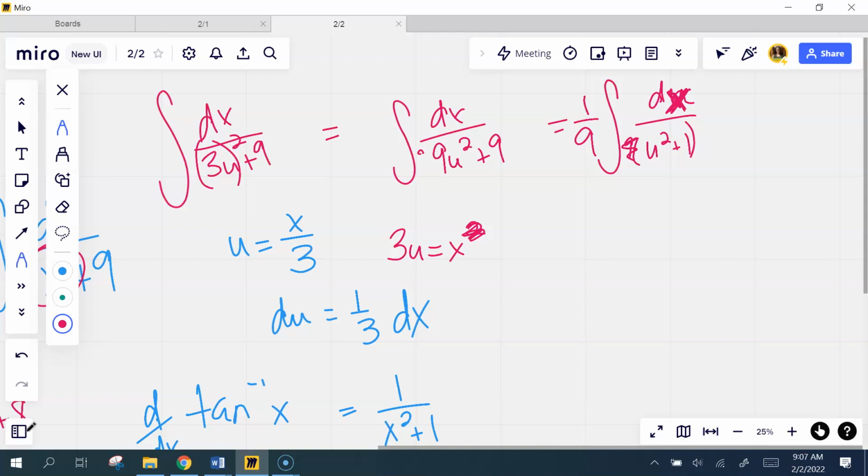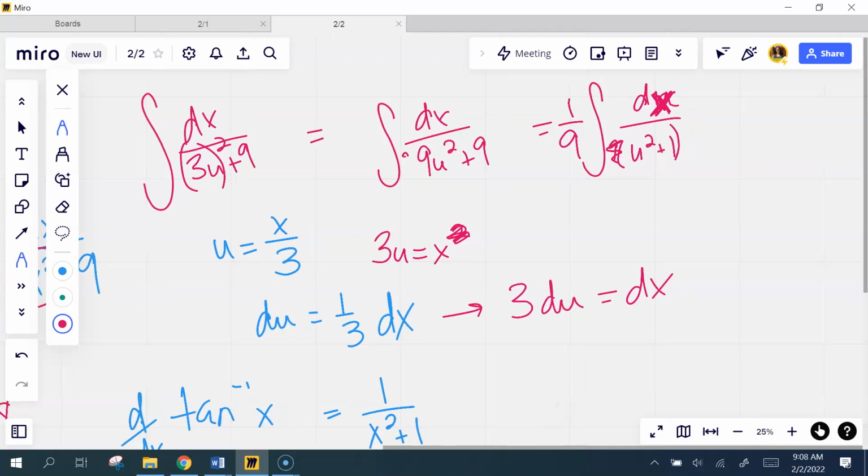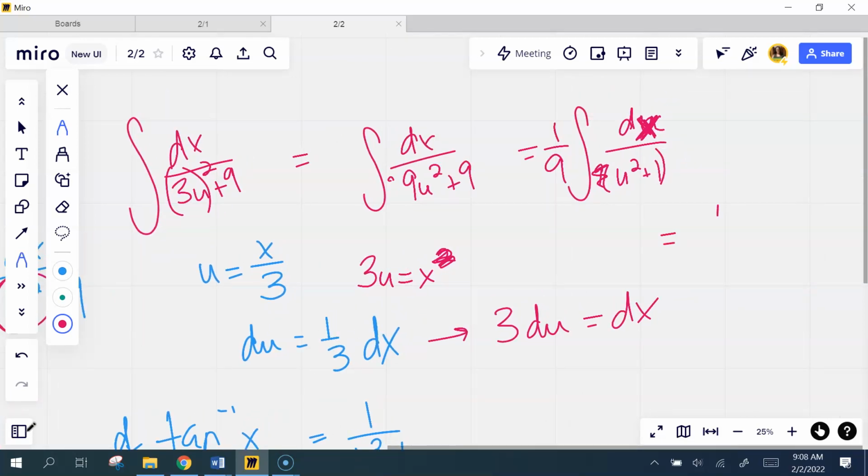If that doesn't make sense to you, you can always solve this one to multiply both sides by 3. So 3 du is equal to dx, and then just replace the dx with that, if that makes more sense to you. It's always made more sense to me the other way, but if that makes more sense to you, that's fine. So replace this dx up top with 3 du over u squared plus 1.